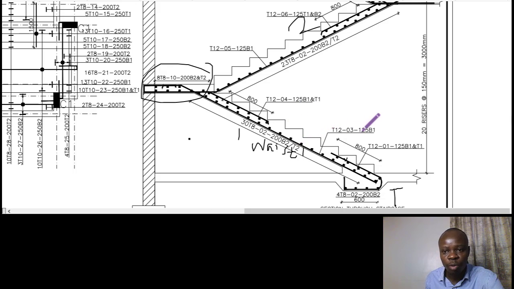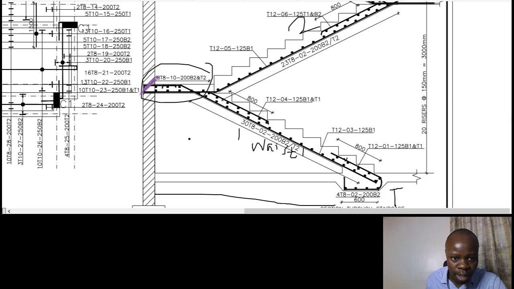In our previous session, while doing the concrete for the waist, we got the length of the waist using the Pythagoras theorem. The base is equivalent to the whole of this length, while the height is equivalent to this, and the length is now the hypotenuse.